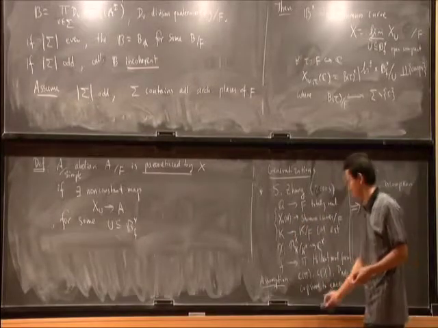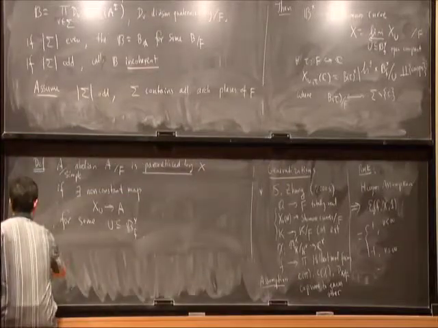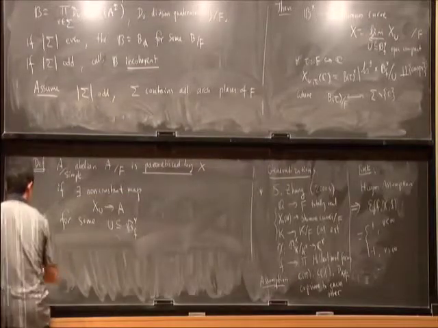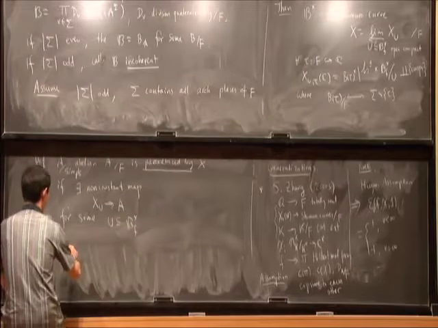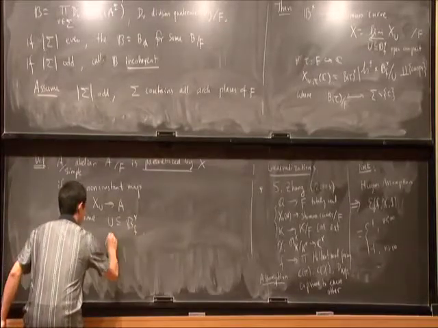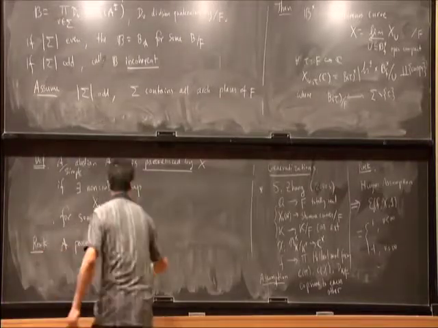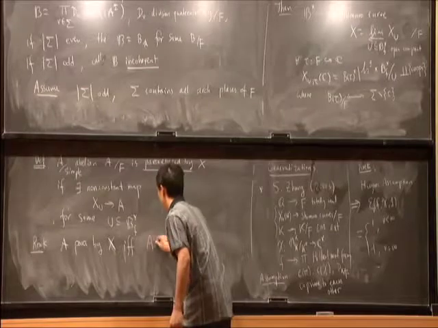Can you just repeat? So, remark here. A is parameterized by X if and only if, firstly, A is automorphic.